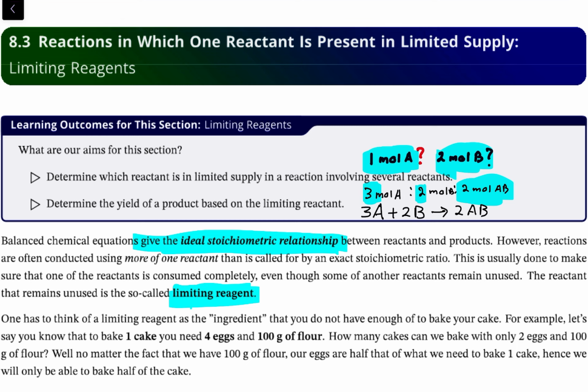If one reactant is present in limited supply, so meaning like A, it will dictate how much of B will react, and hence how much of B will remain over in excess, how much extra of it is there, and how much of AB will be able to form. Because it will not form this so-called ideal amount, it will form a different amount because we have a different ratio as we have here.